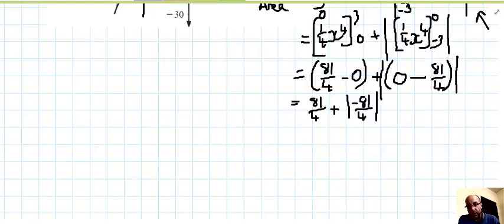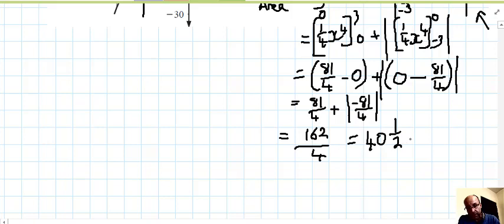And we got 81 on 4 plus the absolute value of 81 on 4, and that's 162 on 4 because the negative gets treated as a positive, and that's 40.5 units squared. You've got to put the units on, I suppose, if it's a physical area.